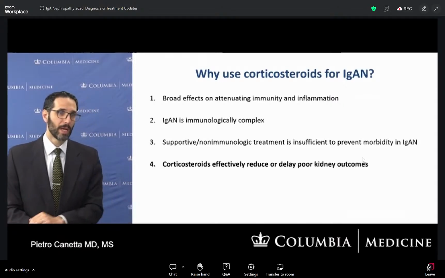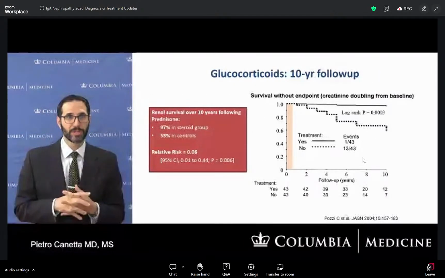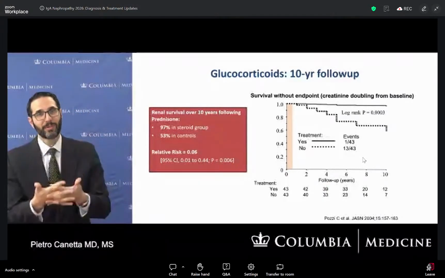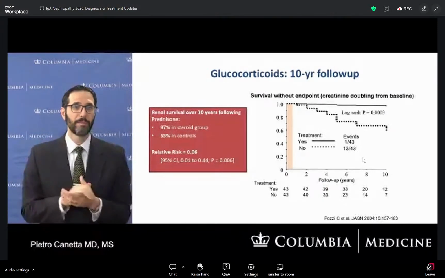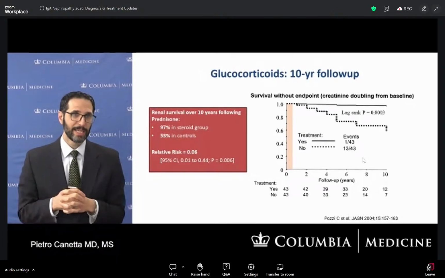And that brings up various strategies, and so let's talk about corticosteroids. So the steroids have been around since the 1950s. Prednisone has been used since the early 1960s.